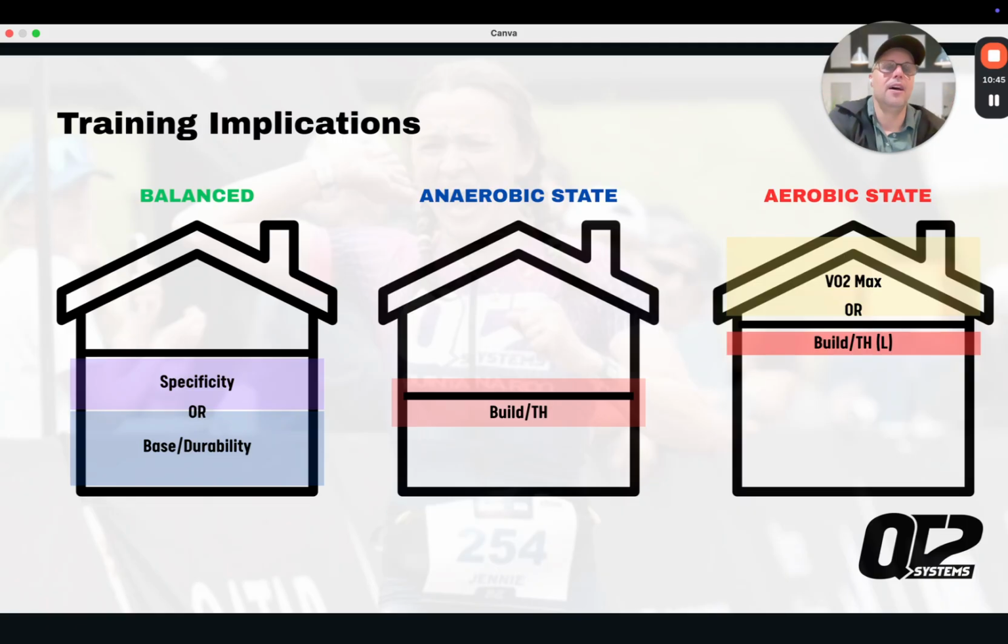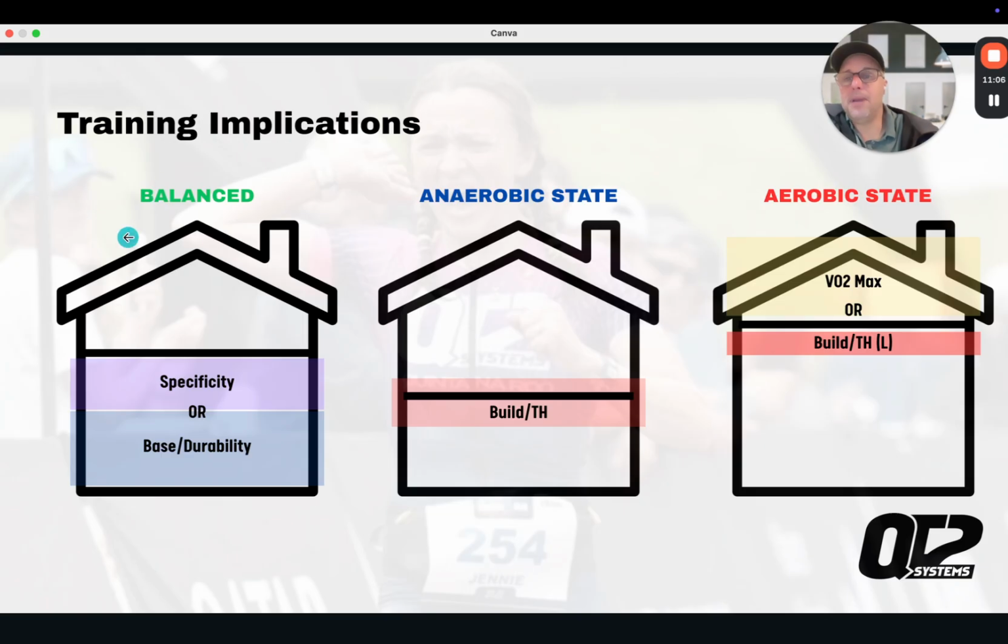And that would be called increasing their time to exhaustion. This can often be the case for athletes who are highly experienced, whose aerobic system is highly developed, and there just may not be a lot that can be done with the roof of their house.